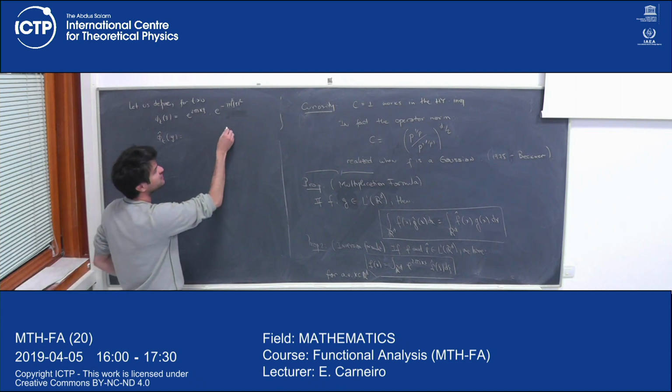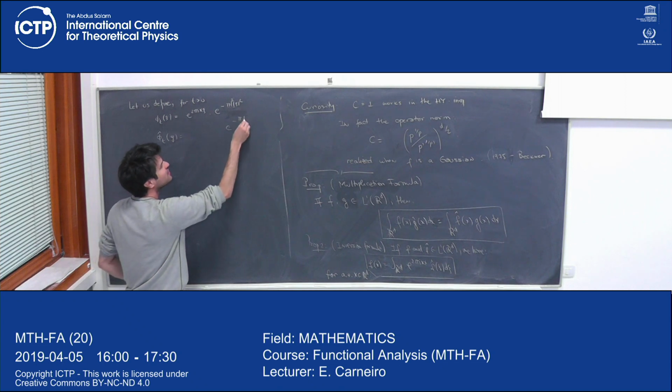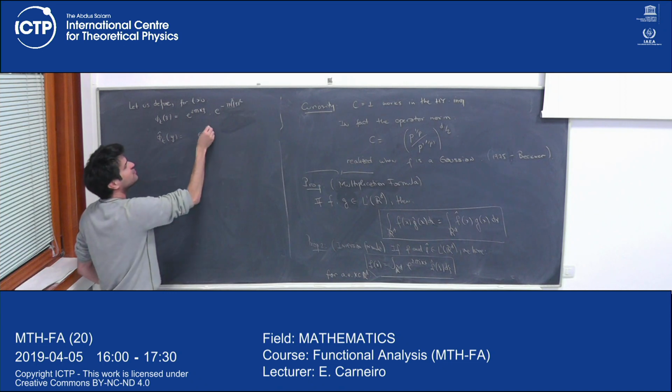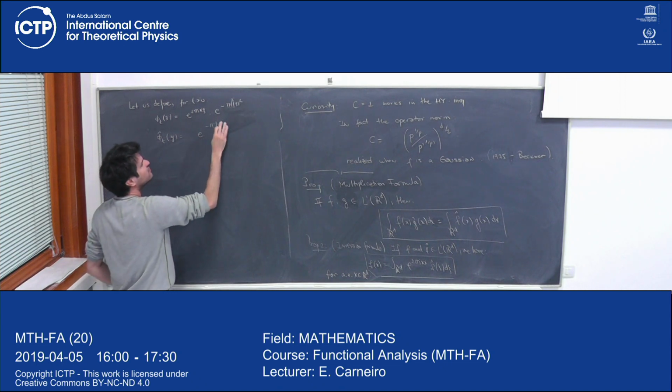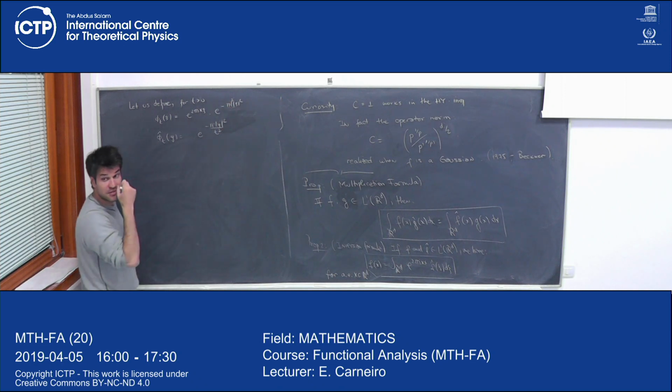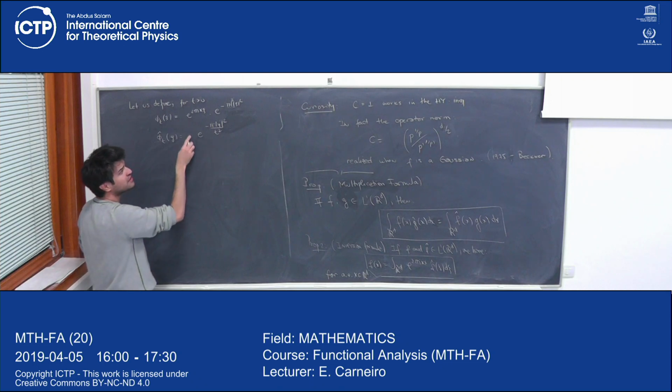So let's just write what it is. It's e to the minus pi y squared over t squared. Remember I had a lambda on the bottom; lambda here is t squared. And here I have 1 over lambda to the d over 2, so I get just 1 over t to the d.